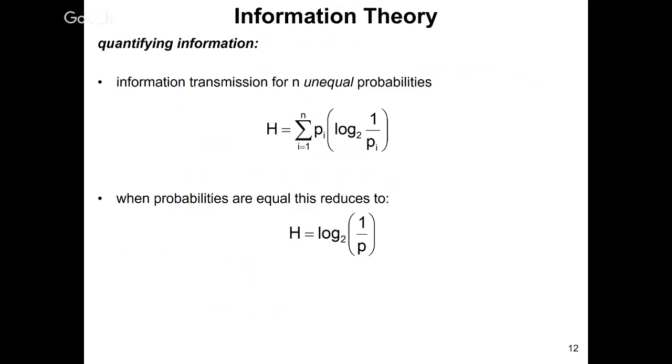But let's say I have a die that has two 5s, where instead of a 1 it has 5 twice. So the probability of getting a 5 is not equal to the probability of getting any other value.